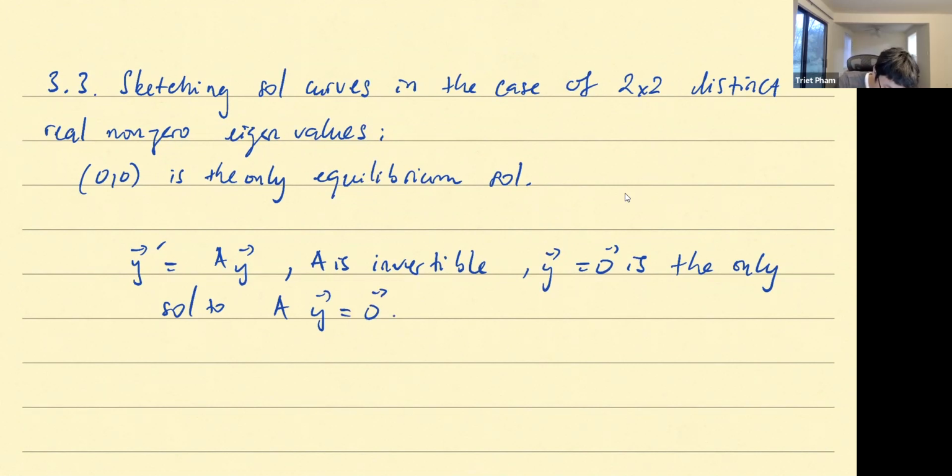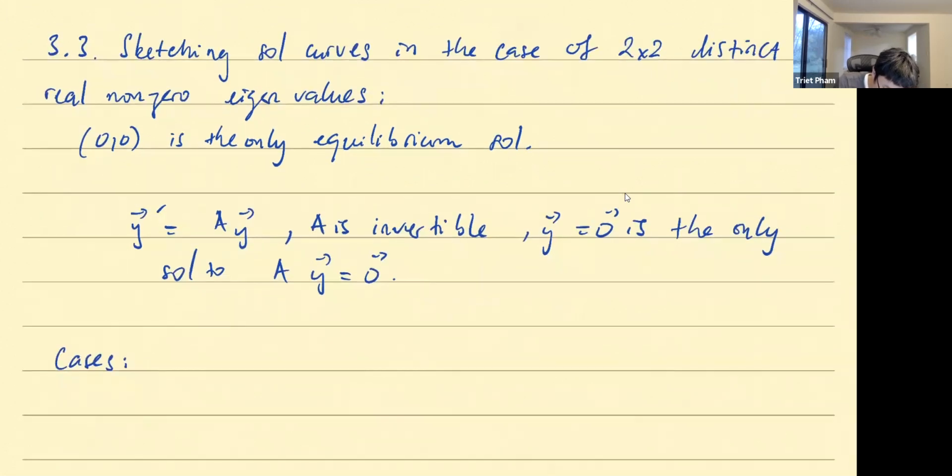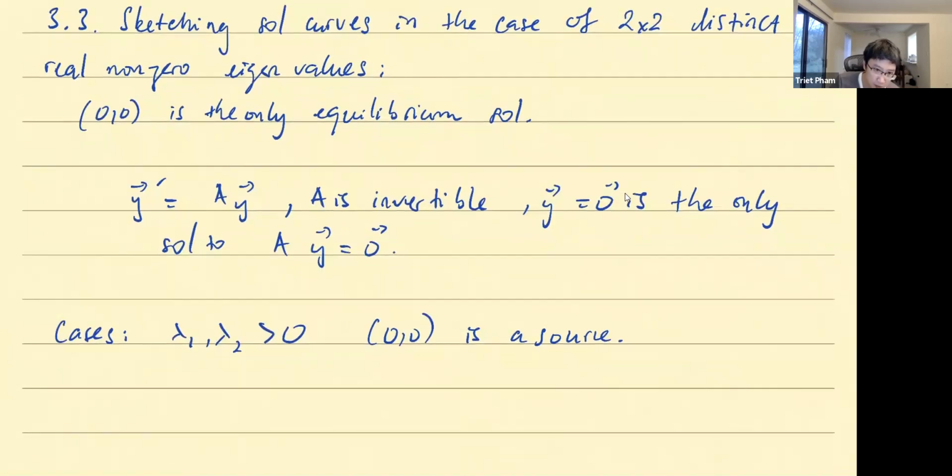So we have 3 cases. The first case is when both eigenvalues are positive. Then in this case, the origin is a source. And here is where I want to scratch what I said last time.